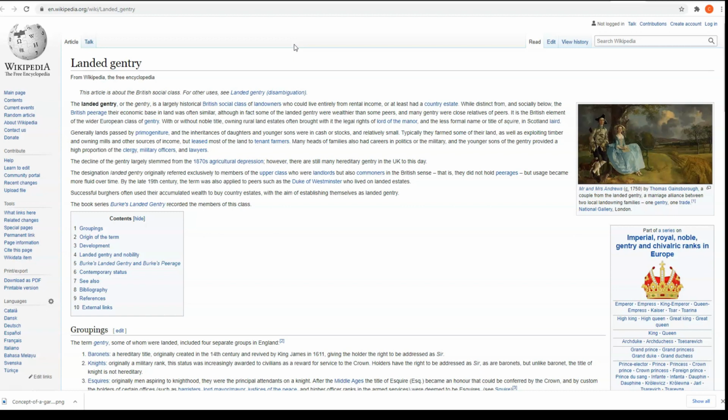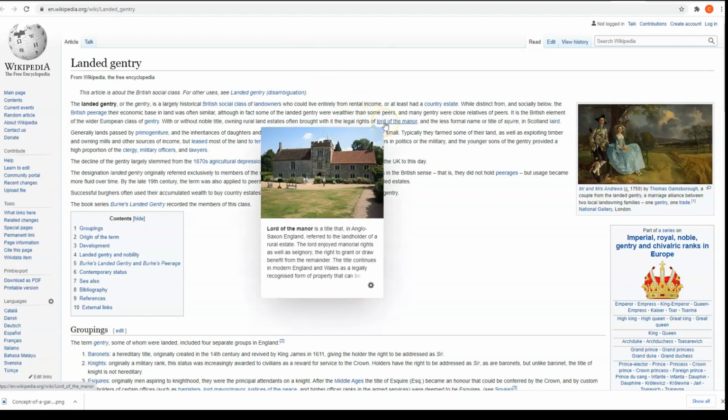In the British element of the wider European class of gentry, with or without noble title, owning rural land estates often brought with it legal rights of Lord of the Manor, and the less formal name or title of Squire. In Scotland, Laird. So Lord of the Manor.